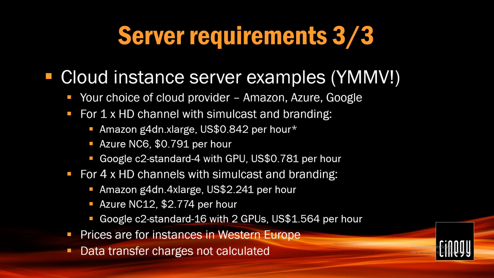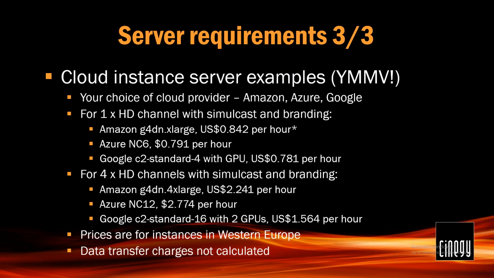I don't think anybody's out trying to undercut anybody else on the 1 HD channel. For 4 HD channels, you would move up to the 4X large. As you can see, the 4X large costs less than 3 times what the X large costs, so you're seeing savings at scale there already.